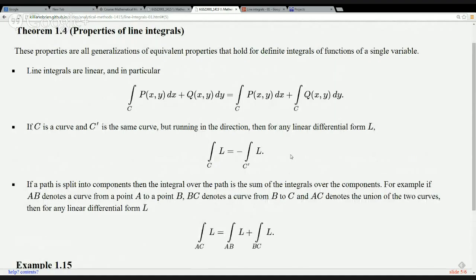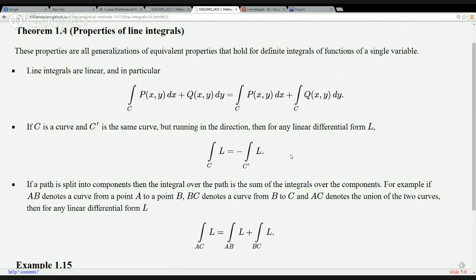You're also familiar with another single variable fact, which is related to the second property here. If you integrate from a to b a function f of x dx, that's the negative of integrating it from b to a, f of x dx.